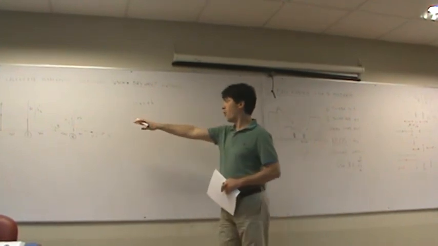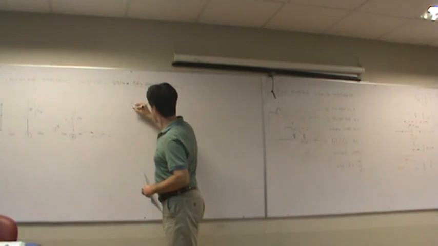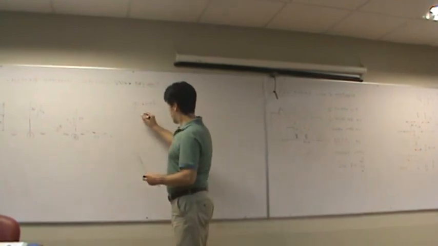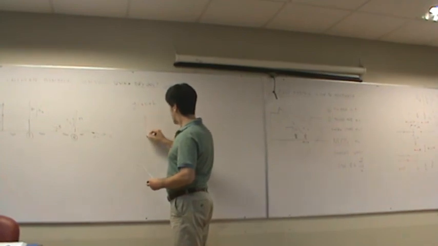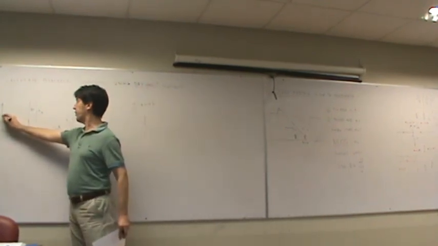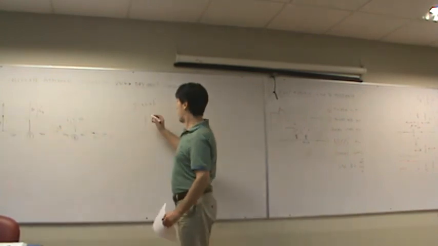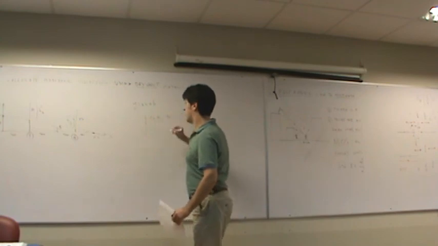I'm looking for the equation of the dashed line. So we force the line to pass through this point, and so we write tan equal to b.